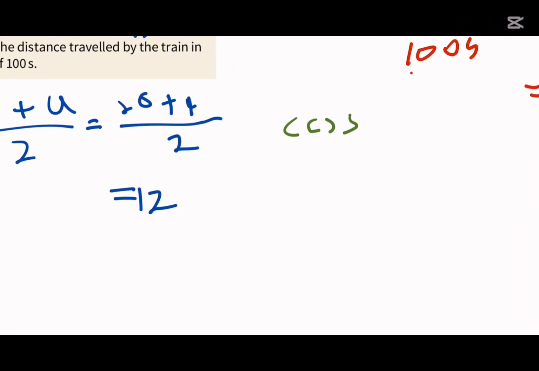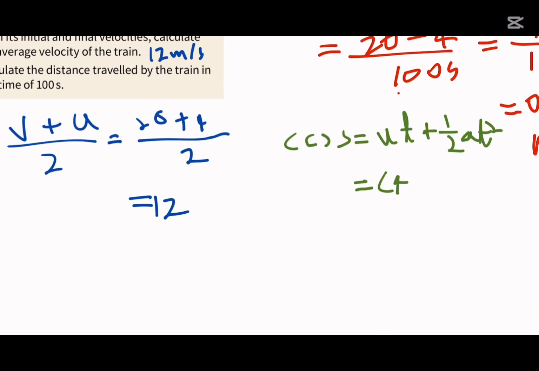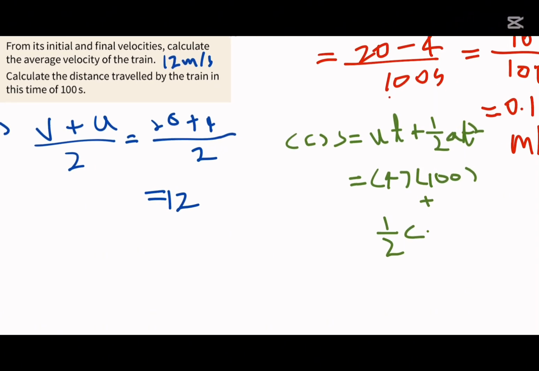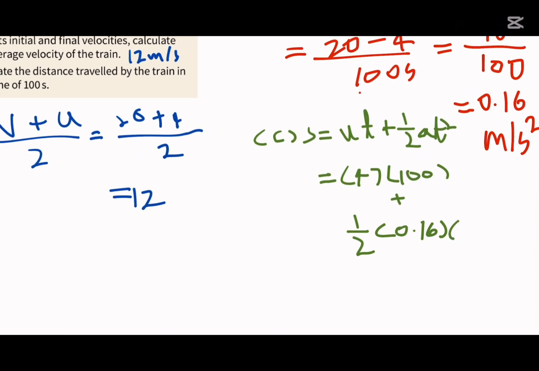So we just use this equation: s equals ut plus 1/2 at squared. u will be 4, t is 100 seconds, plus 1/2 times acceleration, 0.16, multiplied by t squared.